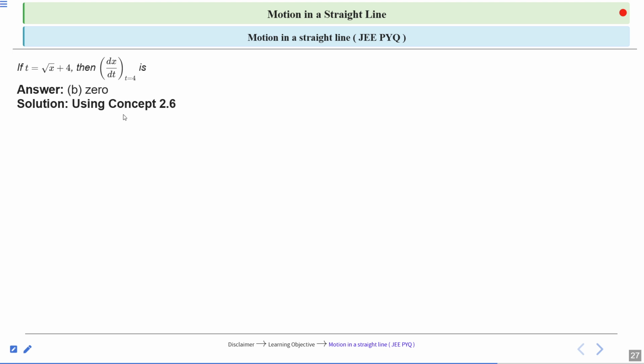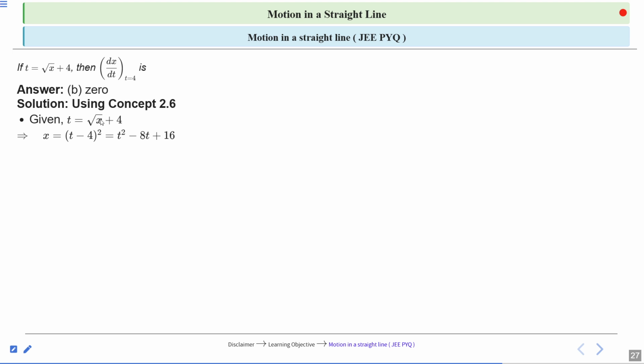So solution using concept 2.6, given that t equals under root x plus 4. This is given. So here x is equal to t minus 4 whole square. Look here, t minus 4 is equal to root x.